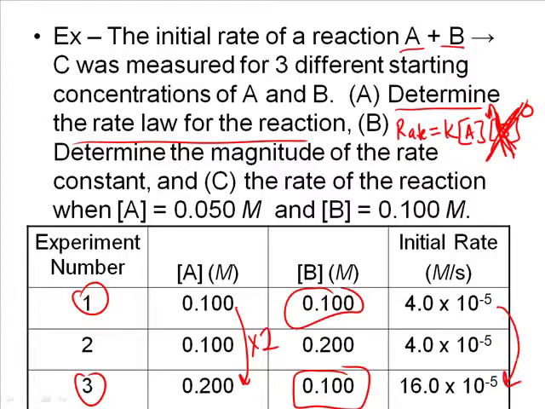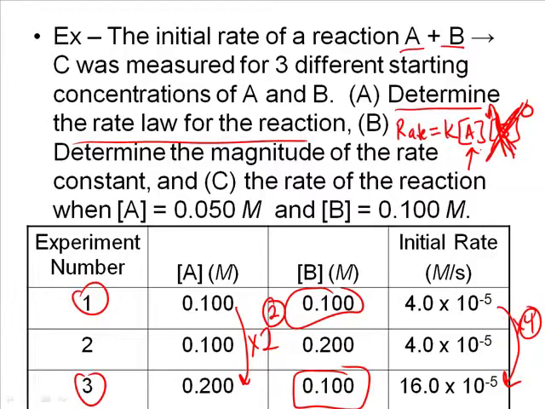The rate is going up by a factor of 4. So then you ask yourself, 2 raised to what power equals 4? 2 squared equals 4. That means that with respect to A, this reaction is second order.